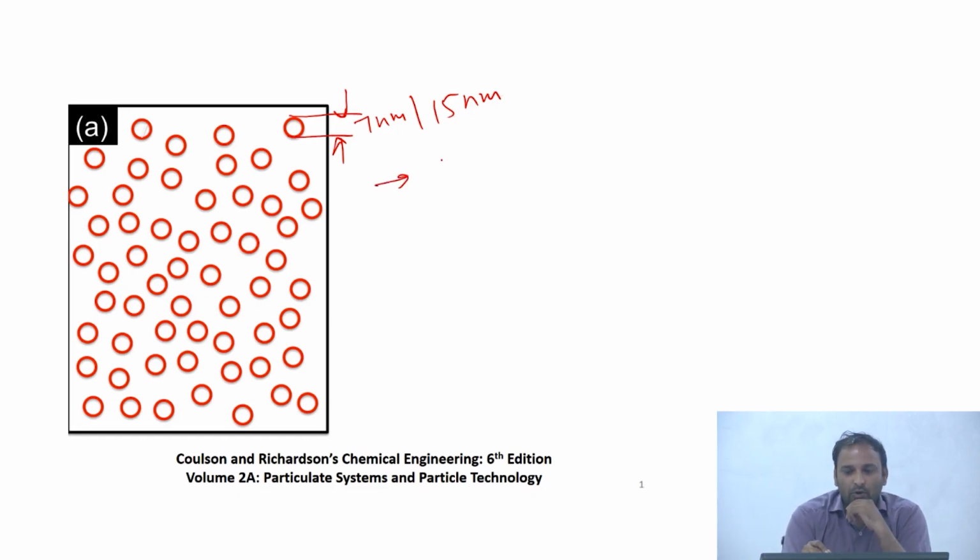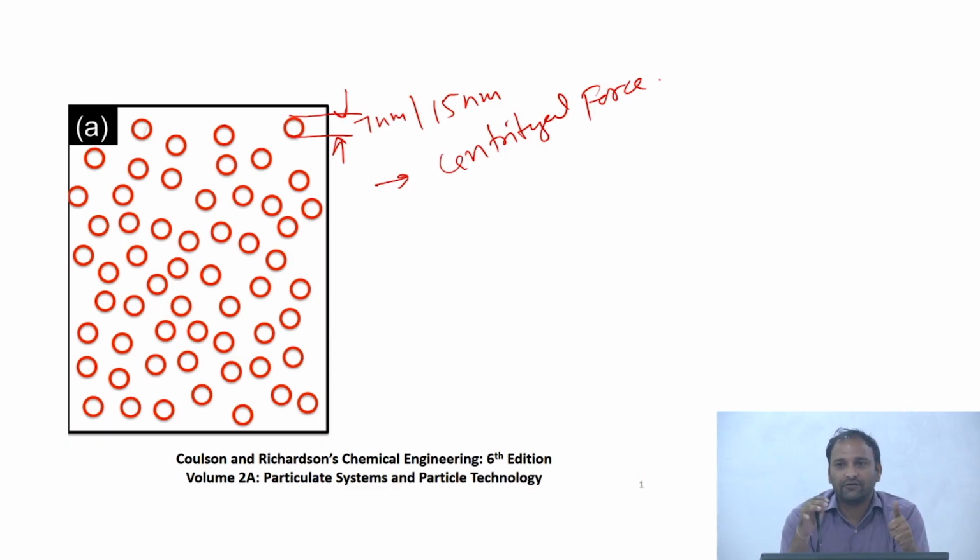say we talked about centrifugal force, right? Of course we know that for smaller size particles, gravity is not good enough to settle the particles down. However, you can say that look, I'm going to go for centrifugal forces.